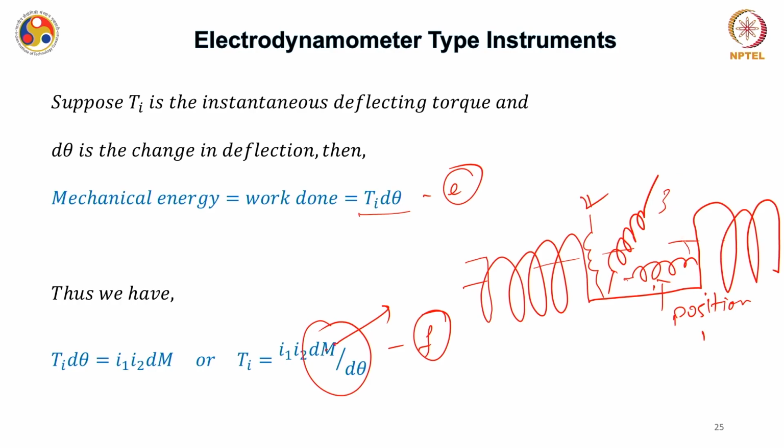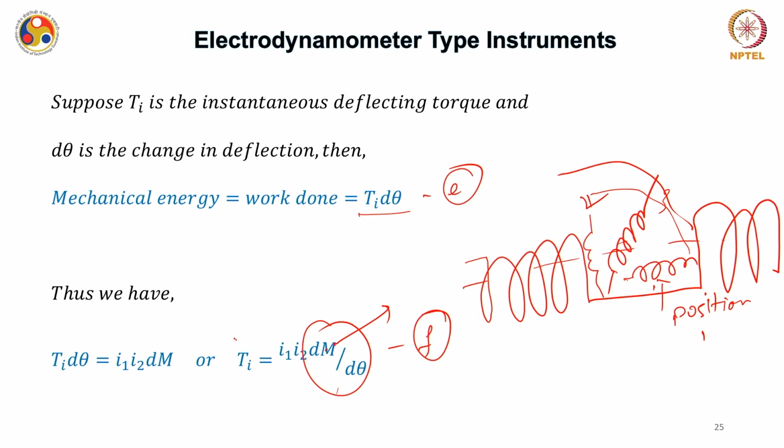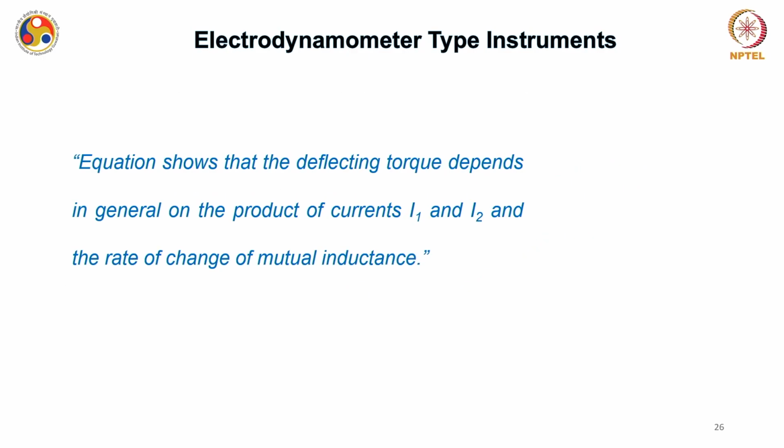Now as this position is changing or it is rotating, the flux linking through this moving coil is changing. And that is exactly what this dM by d theta term denotes in the equation of the instantaneous torque.